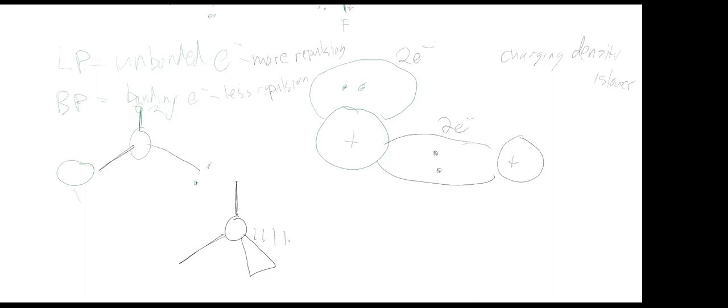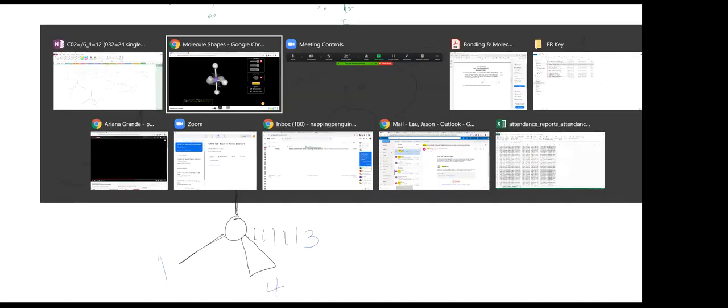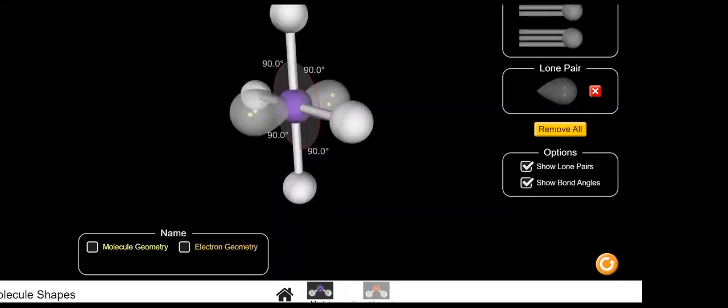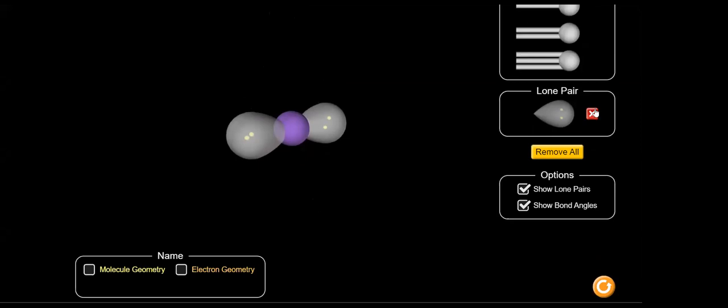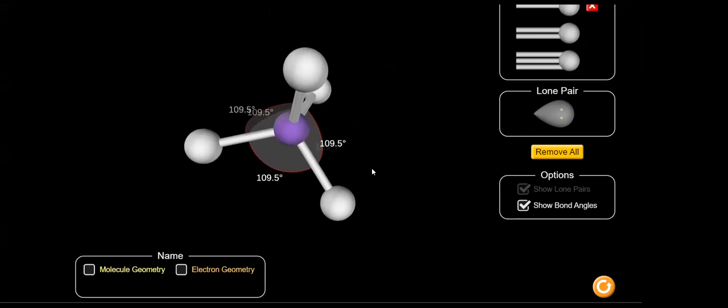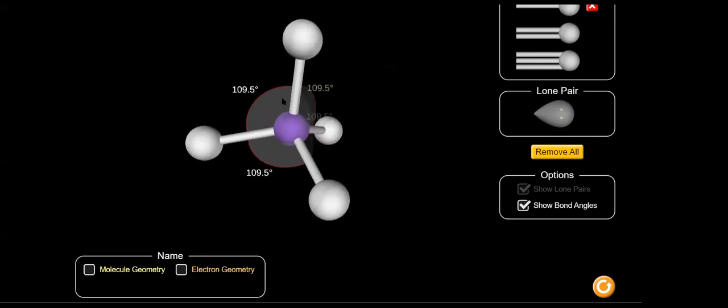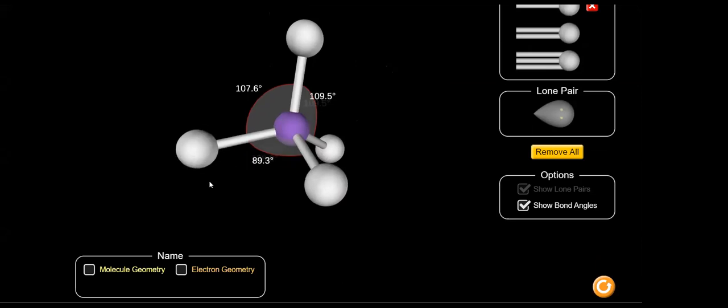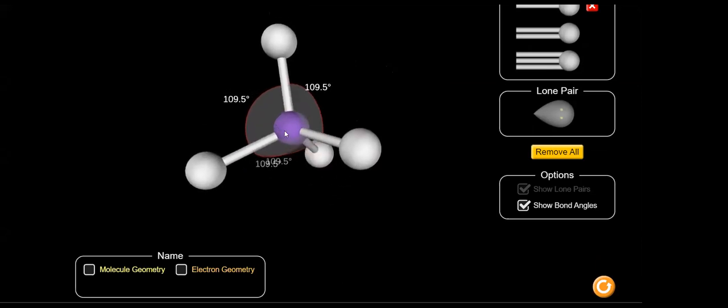So if we look at our tetrahedral on this one, are any of these positions different? Which one would be different? The one on the equator. So with our tetrahedral, the way I drew it kind of looks like this, right?